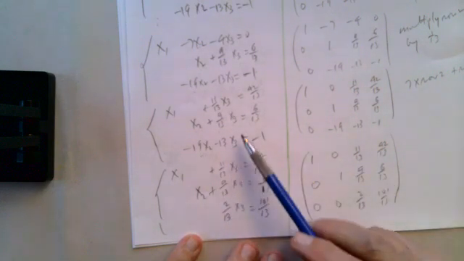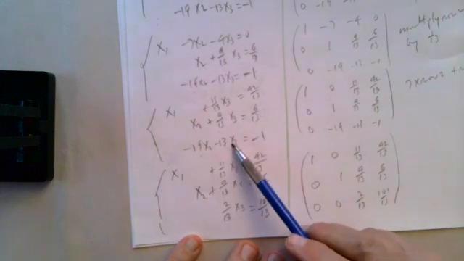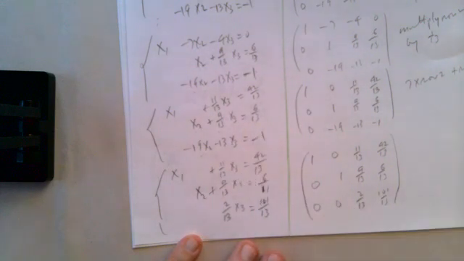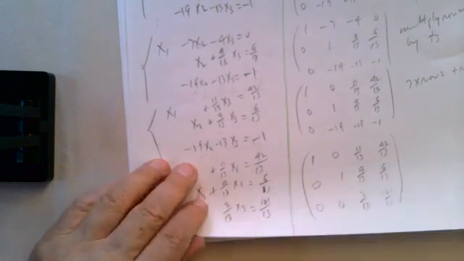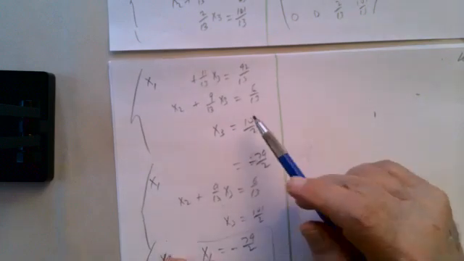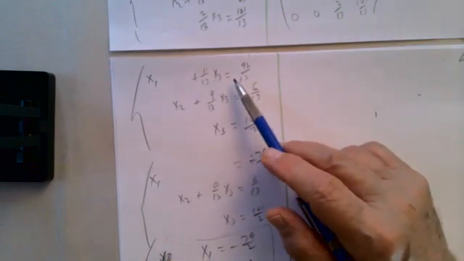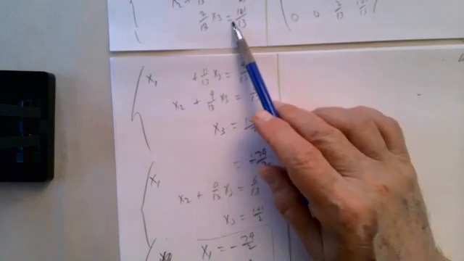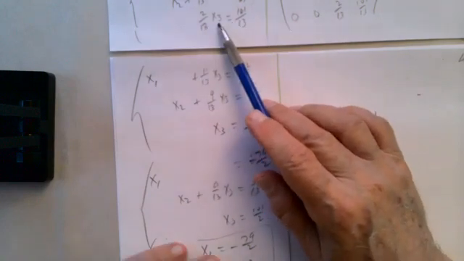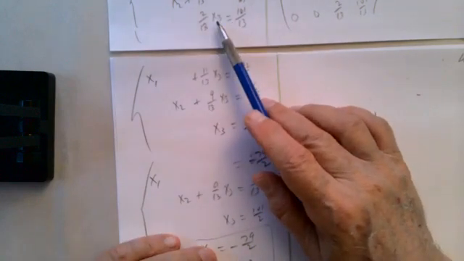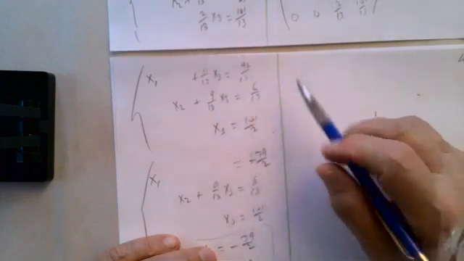And I got that by adding 19 times the second row to the third row. And that eliminated the x2. What was the next thing I did? I multiplied the third row by 13 over 2 to give x3 the coefficient 1.